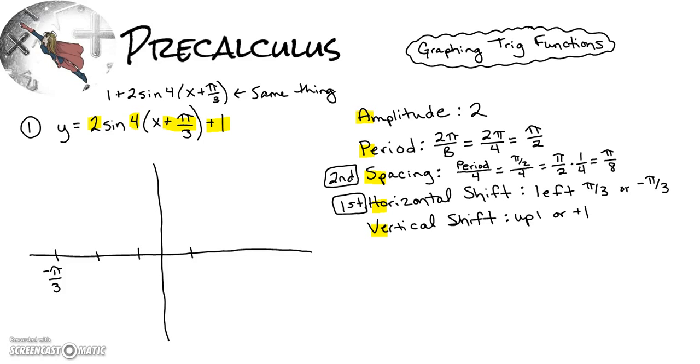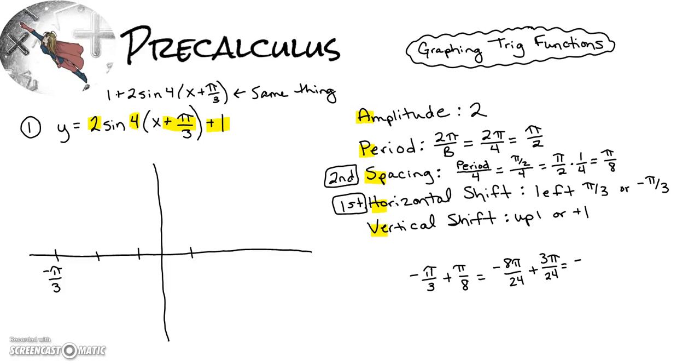So to figure out what those numbers are exactly, I need to take my horizontal shift, negative pi over 3, because that's my starting point, and I need to add the amount of space to that, which we said was pi over 8, and then you just need to get common denominators. So this is the same as taking negative 8 pi over 24 plus 3 pi over 24.